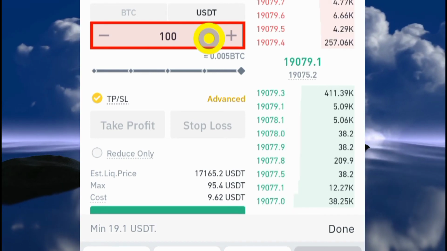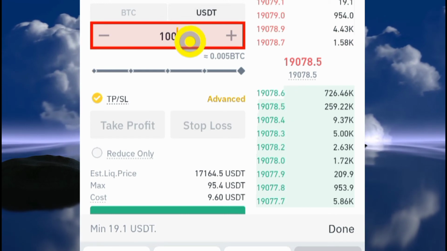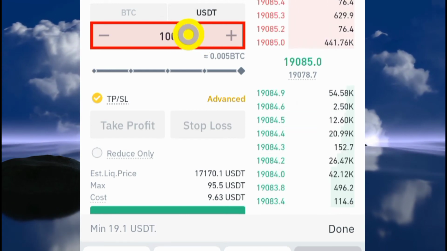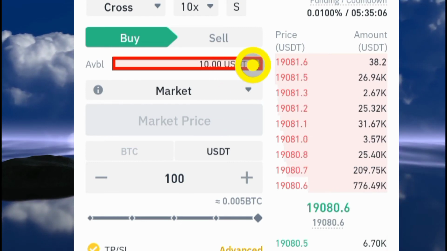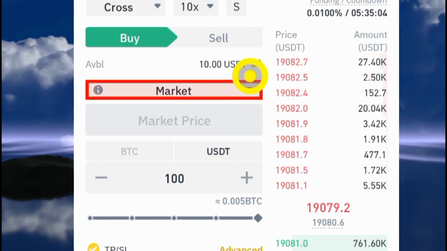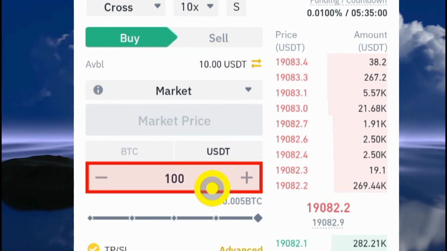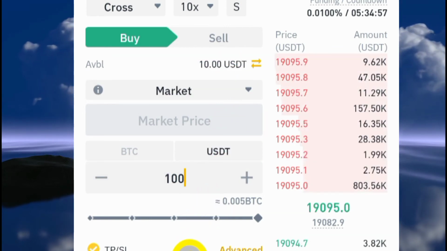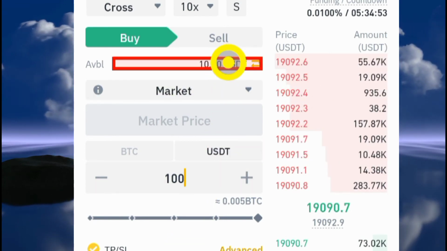Imagine you made a loss. That's the negative part of using leverage. Let's say I made a 20% loss on this 100 here, that would be $20, and my account would be wiped out, because a $20 loss is even bigger than my available balance. So my position will be closed, I will be liquidated. Liquidated means I have lost the money I went into this transaction with.